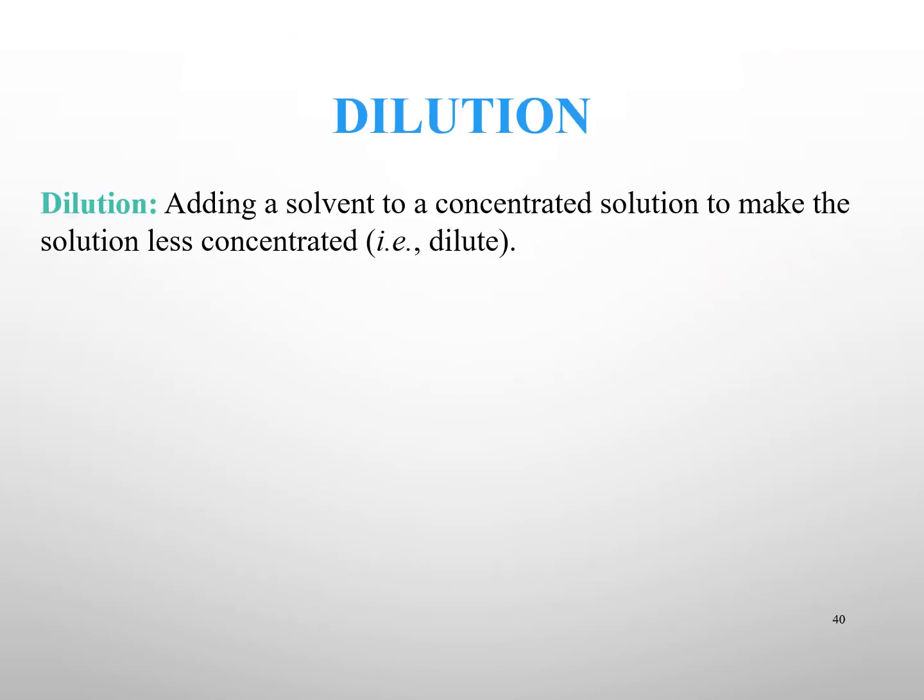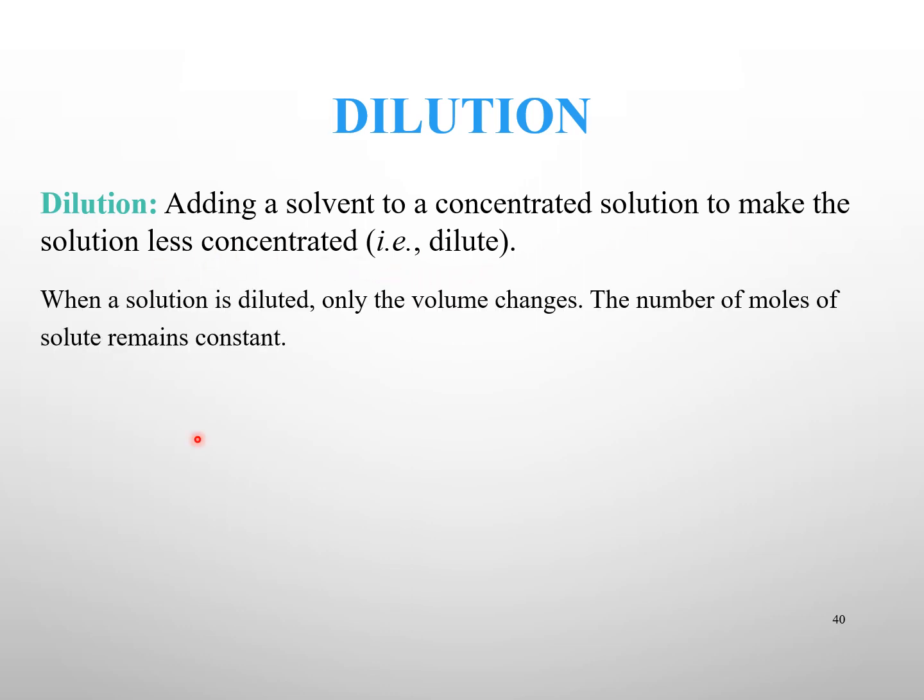Last thing we want to learn about solutions is dilution. Dilution is adding a solvent to a concentrated solution to make the solution less concentrated, more dilute. When the solution is diluted, only the volume changes. The number of moles of solute stays the same because you're not adding solute, you're just adding solvent, like adding more water.